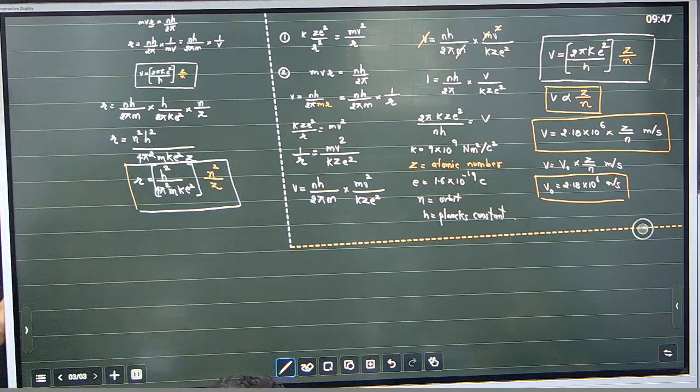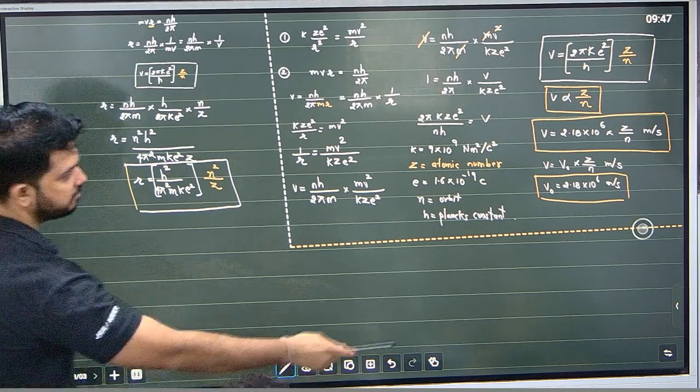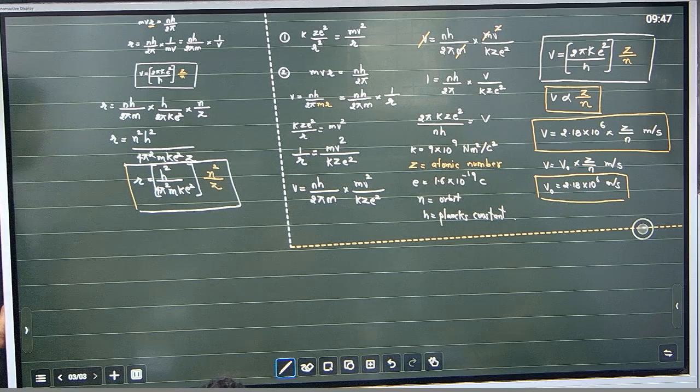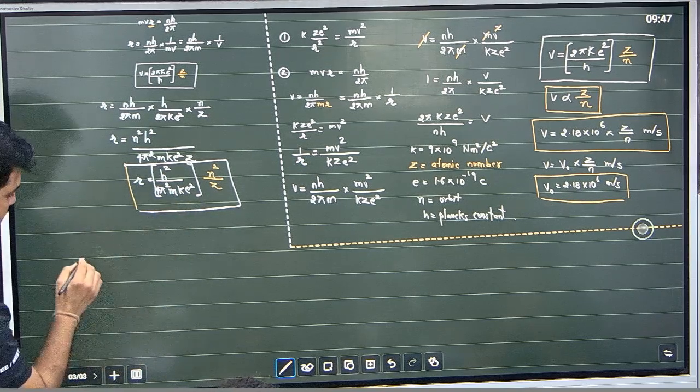Any questions still there? Just like velocity was directly proportional to Z and inversely proportional to n, can someone give me the same expression here?